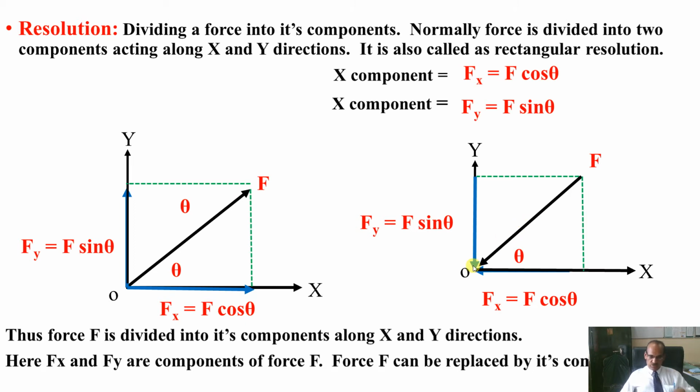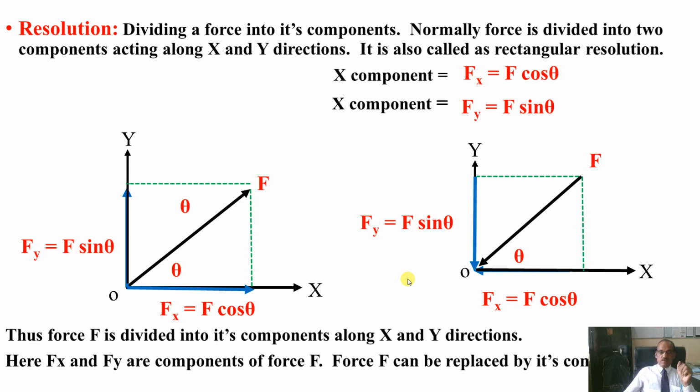And the conventions which I told, that also will be very clear to you now. You see, this component will be positive, this will be positive, because this is acting to the right, this is acting upwards. These both components will be negative because this is acting to the left and this is acting downwards. So these two figures you should not forget at all, otherwise you cannot solve the numerical examples.